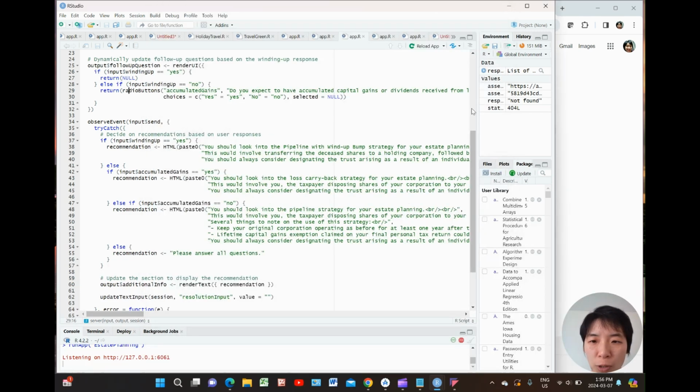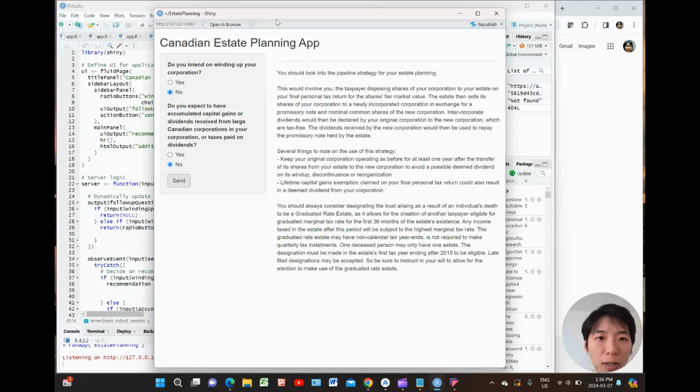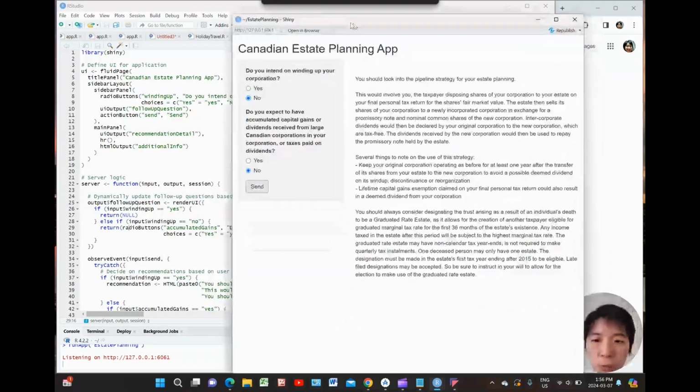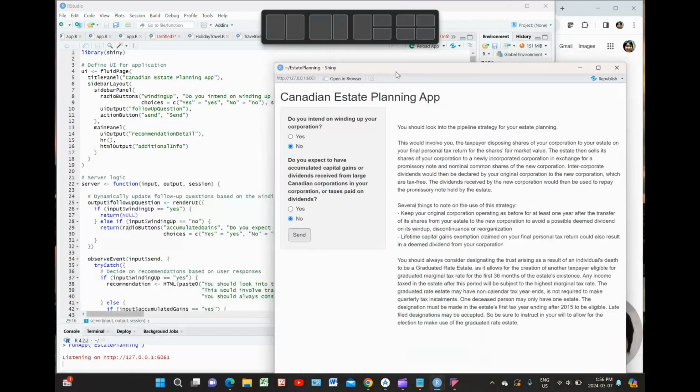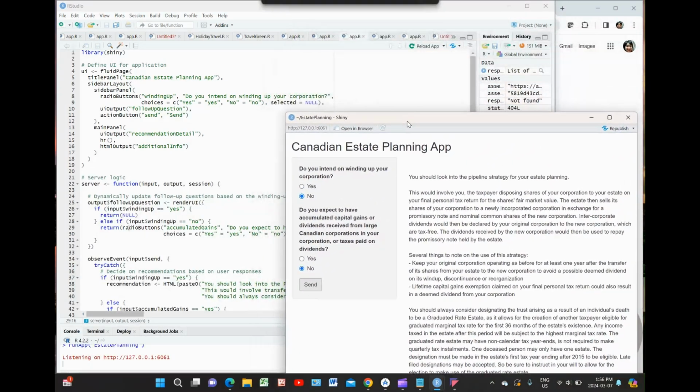So the structure for this app is quite simple. The first chunk of the code has to do with the user interface, and I am going to cover myself for a little bit so that you could see the code with the front end user interface design.